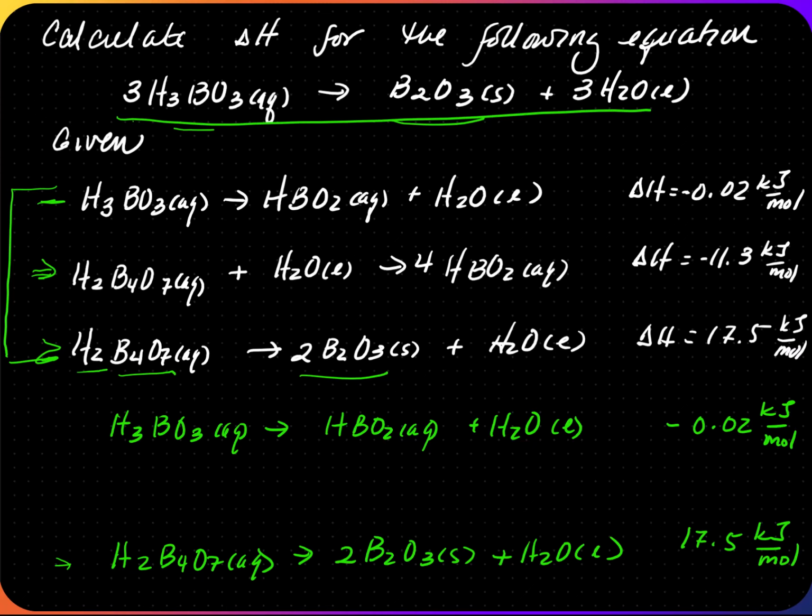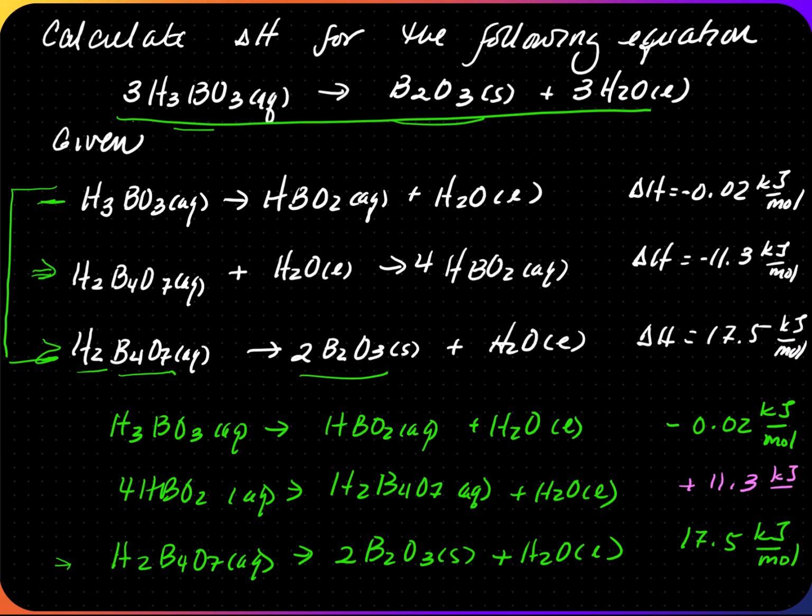So I'm going to flip that equation. So that's going to be 4HBO2. Since I flipped it, I need to change the sign. So it's no longer negative, it's going to be positive 11.3 kilojoules per mole.